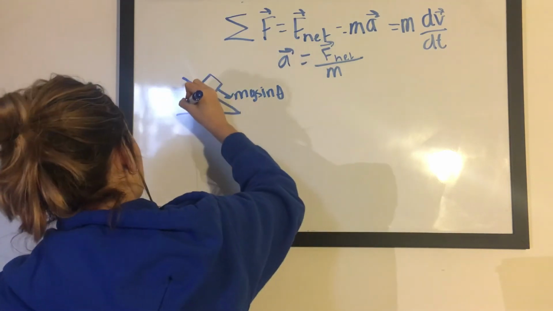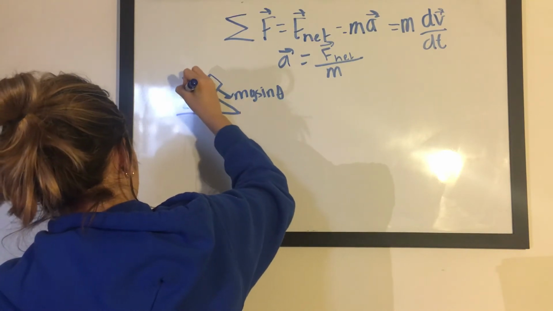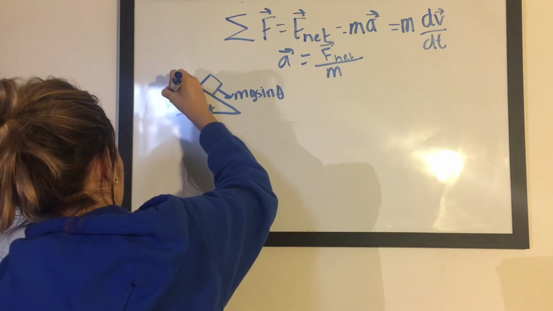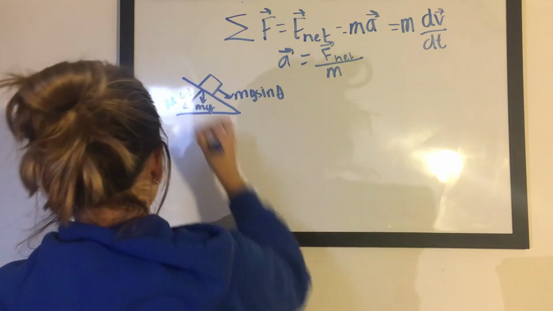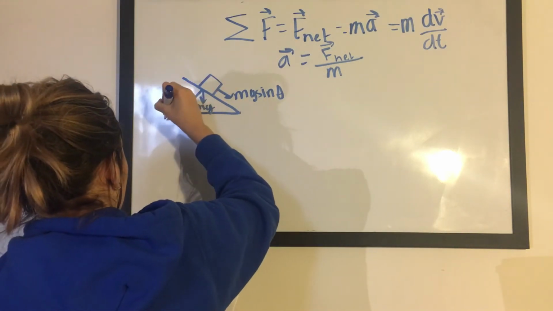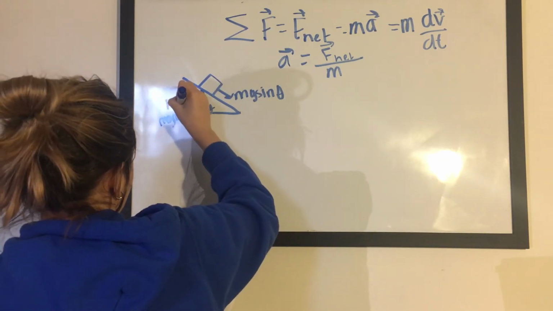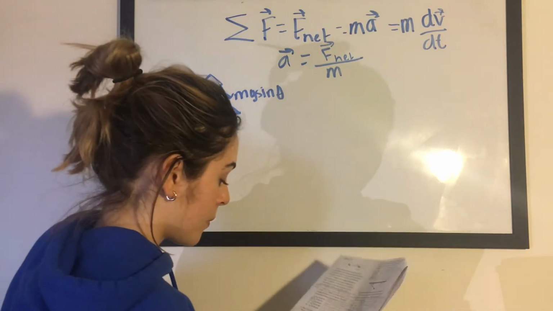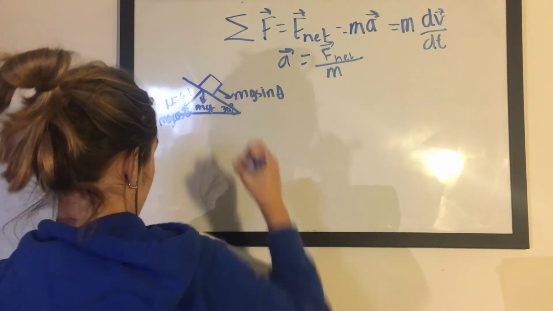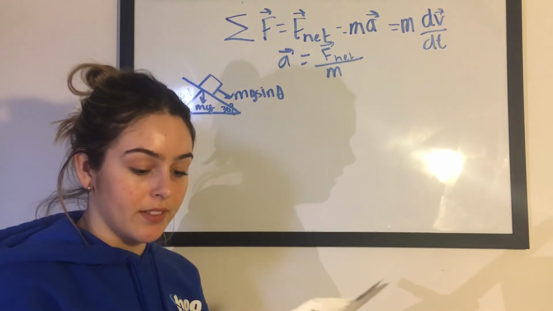Then we've got our frictional force here, with a coefficient of 0.1. And this vector here is equal to mg cosine theta. We know that the incline is 30 degrees here, and I think that's about all we're given.